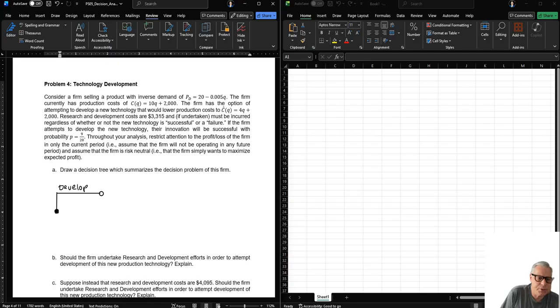So that's a chance node. Or it will become a failure. Or we can decide not to develop.